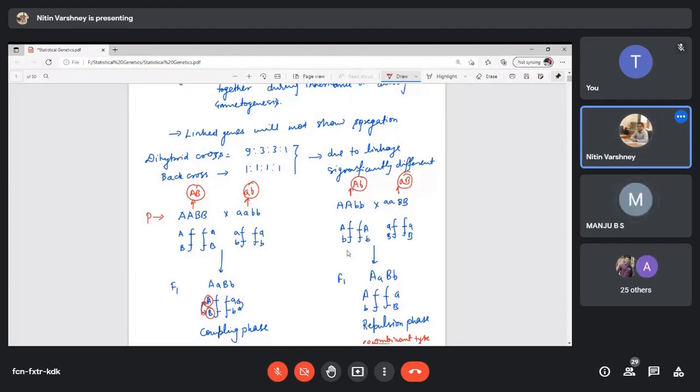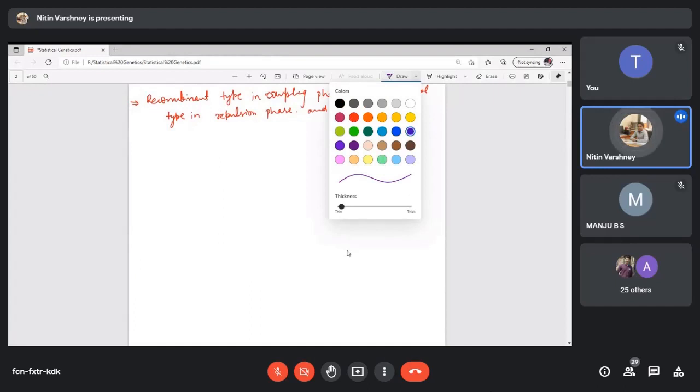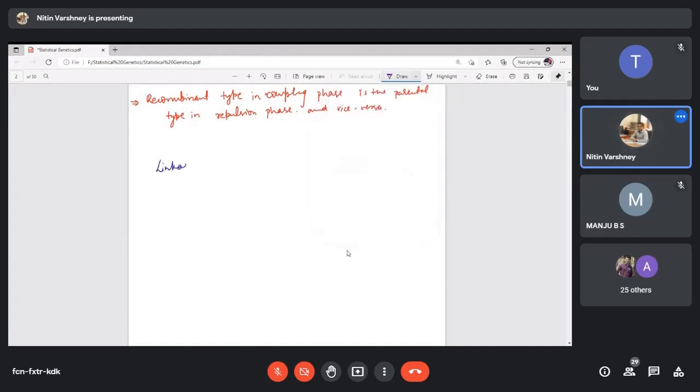Yes, sir. Okay. So now there are two types of linkage: one is complete linkage, and one is incomplete linkage.